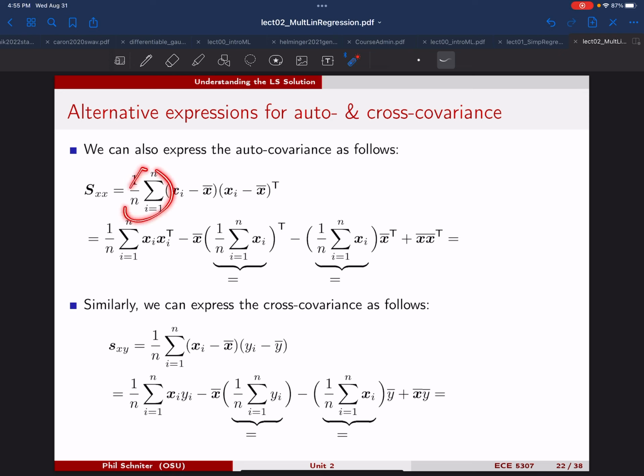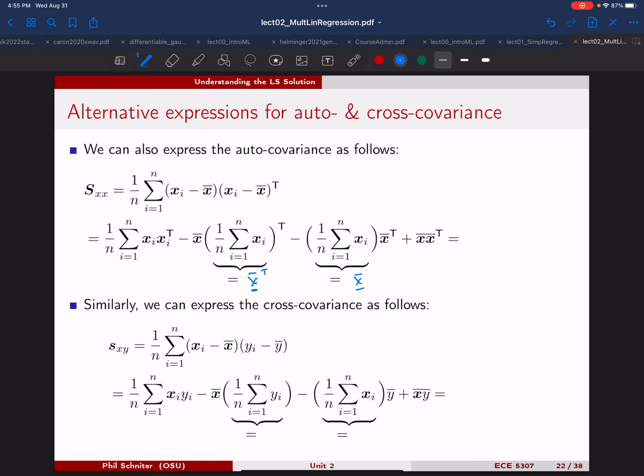And then we can apply the average just to this xi. And then what is this? If we do that, what is this whole quantity here in the brace? It's just the x bar transpose, right? It's just the average of x. That's a vector. Actually, since it's a vector, I'm going to put a little underline under it. And then we have the same thing over here. This is, again, our x bar vector.